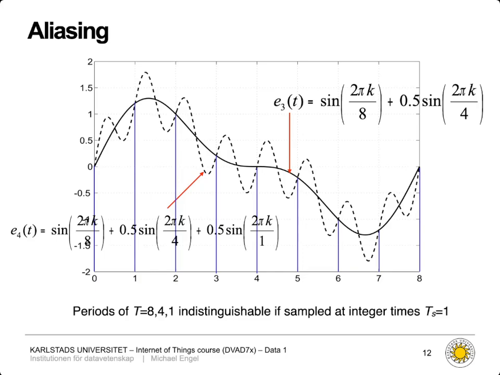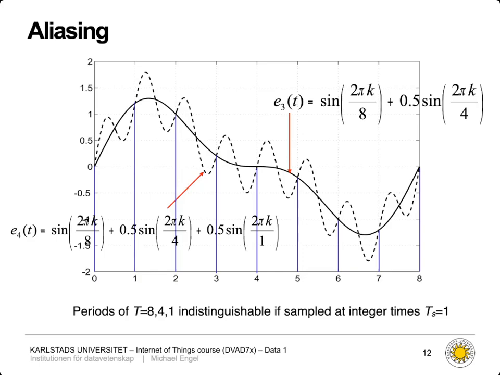So E3 of t is a sine wave added to a sine wave of twice the frequency. Whereas for E4 of t, we have the same first two components, and then we add another component with 4 times the frequency of the second term here. So we have 3 periods of sine waves here, 1, 2, and 8.